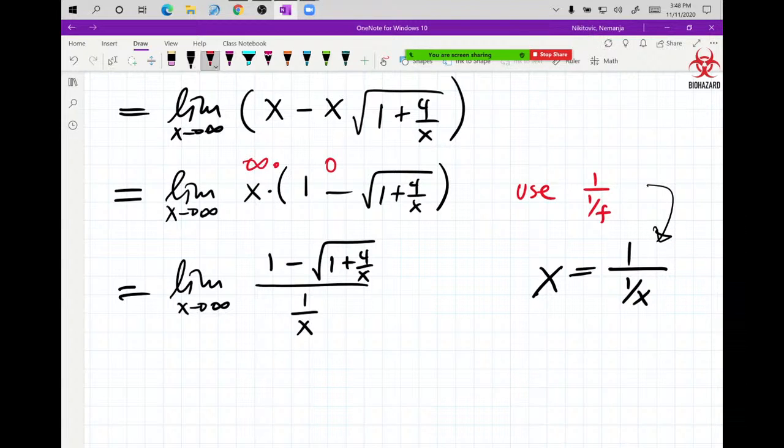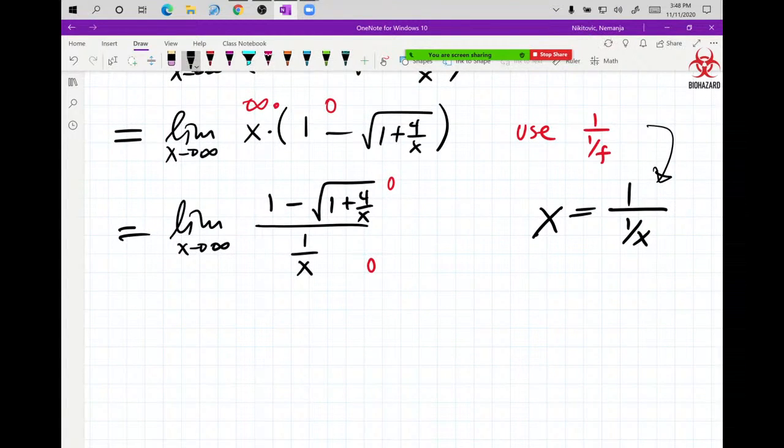All right, now I have 0 over 0, and we can bring in the heavy artillery, right? L'Hopital, Bernoulli, whatever. Take independent derivatives. Now, denominator is easy.